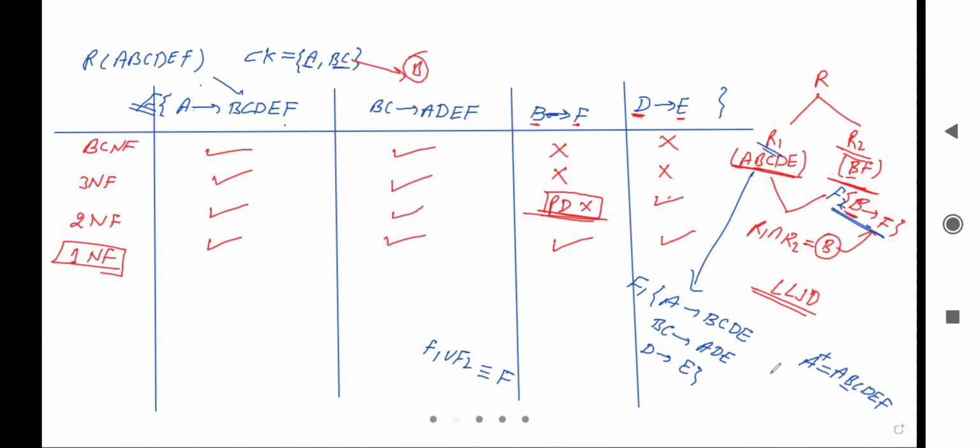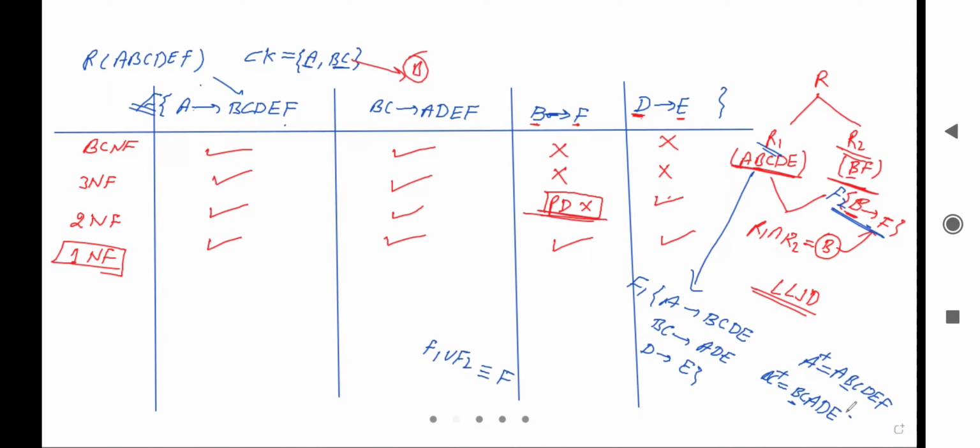Let's see. We'll take the closure of BC. BC closure is BC, A, D, E, and B can derive F also.